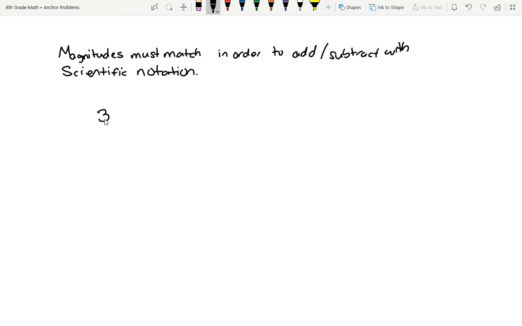If I have something like 3.45 times 10 to the 5th, and I want to just in the course of a problem make this go to something that's 10 to the 7th, what you need to look at is to say, all right, to get from 5 to 7, this is going up by 2 magnitudes of 10, which means this portion of it has to go, if I throw in a couple zeros to the left, down 2 magnitudes of 10 to match it.